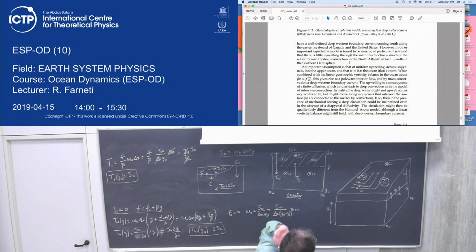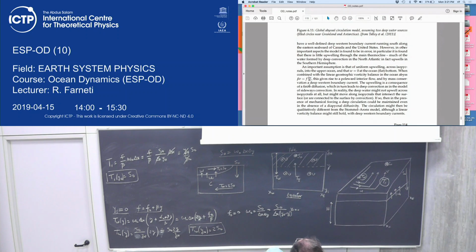Okay, an important assumption here is that of uniform upwelling, which is wrong, and a flat bottom, okay, which is again wrong. But some things are right, like through the Sverdrup vorticity balance, you get this upwelling that gives you a polar interior flow, which is right, and by mass conservation, a deep western boundary current, which is observed.